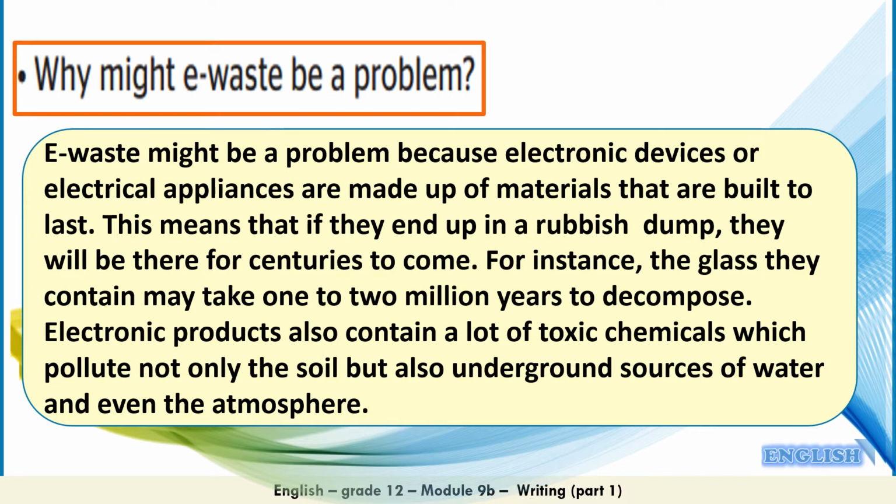For instance, the glass they contain may take 1 to 2 million years to decompose. Electronic products also contain a lot of toxic chemicals which pollute not only the soil but also underground sources of water and even the atmosphere. Great.